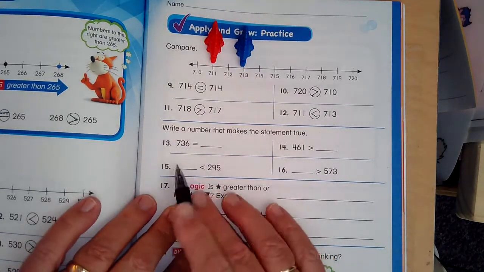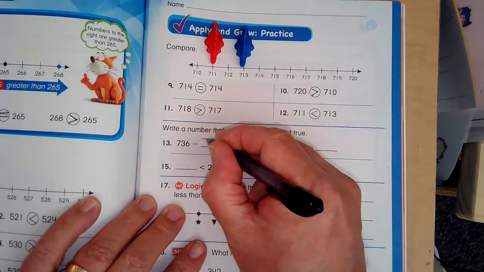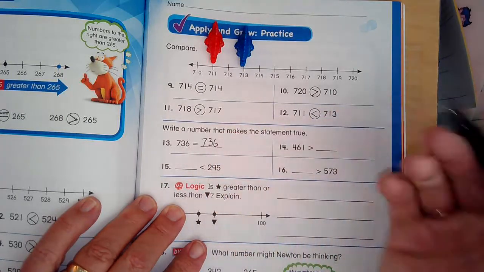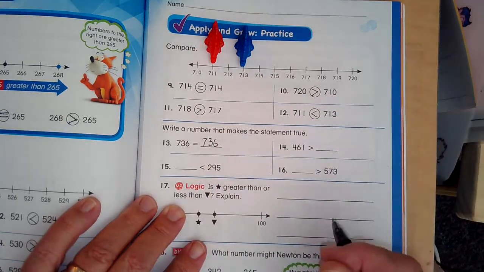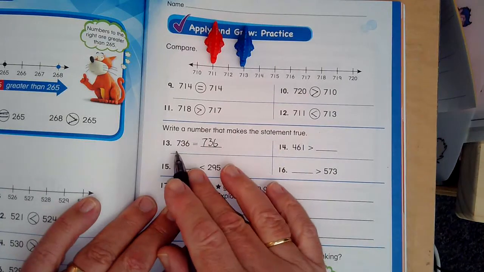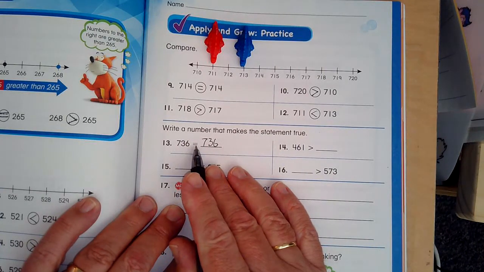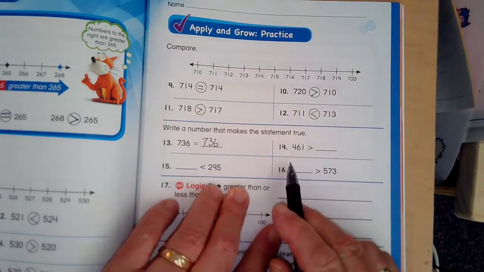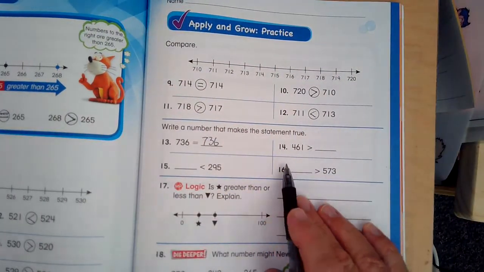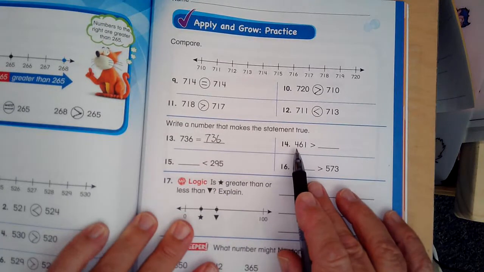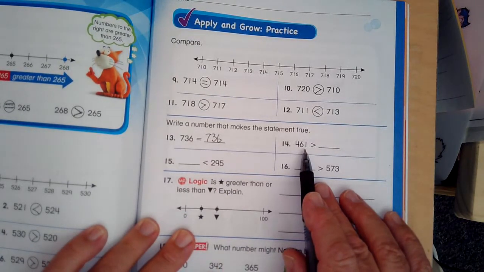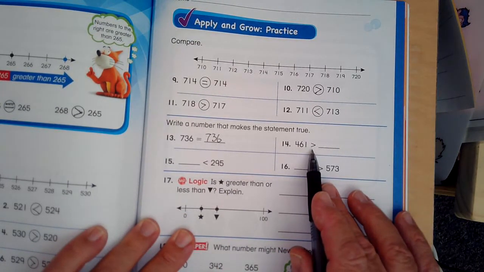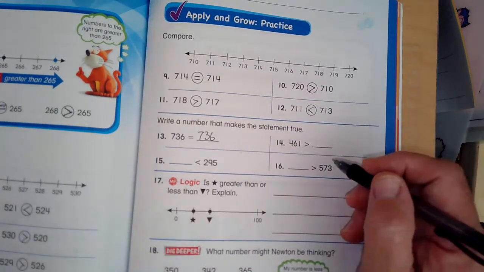736 equals 736. That's the only number that will work. 736, when it says equal, that means they have to be the same. Okay? Then, number 14. This says 461 is greater than, and you get to pick.